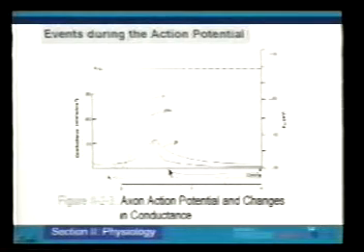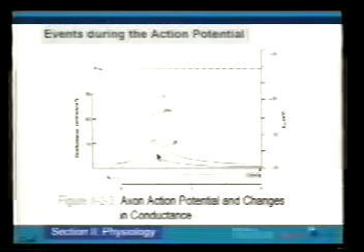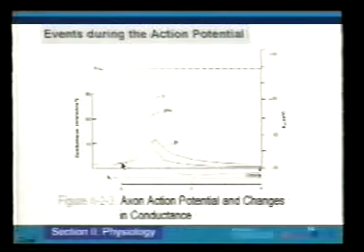Now if we take a look at potassium conductance here, under resting conditions, you do have a slight potassium conductance. This is because the ungated channels are open. Now the main point here is depolarization is the signal that causes the voltage-gated potassium channels to open, but they open fairly slowly.